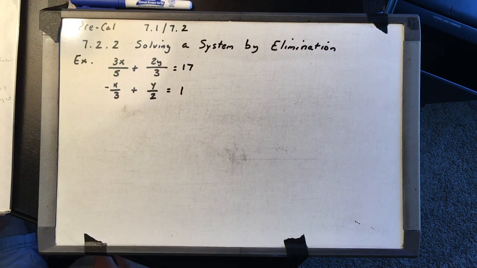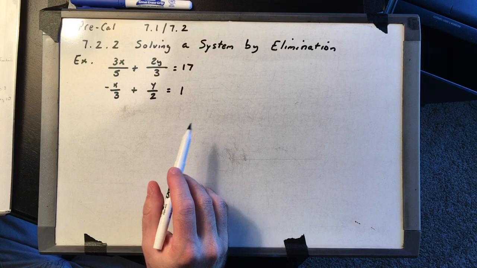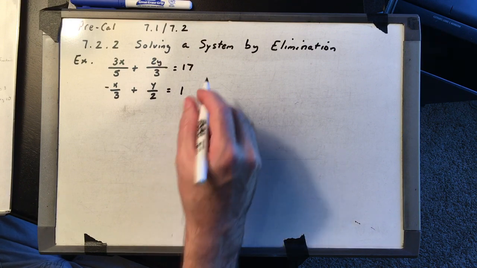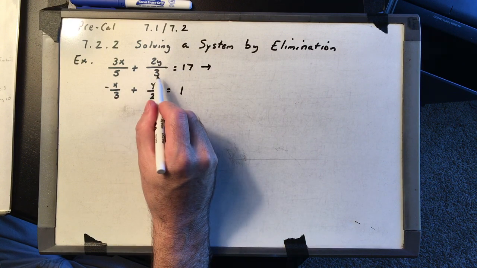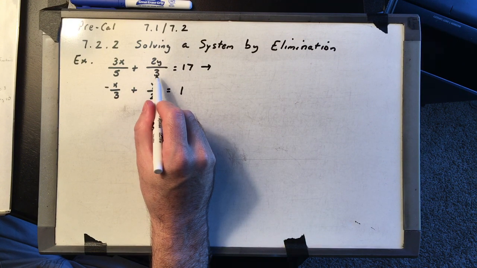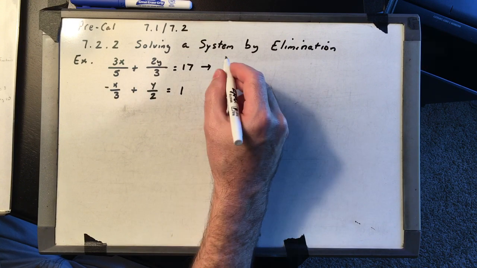Now, first of all, what I'd like to do is eliminate the fractions. I don't like working with fractions. So for this first one, if we multiply the whole thing by the least common multiple, for 5 and 3, that would be 15.